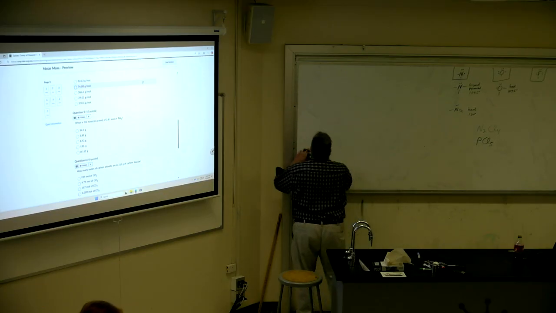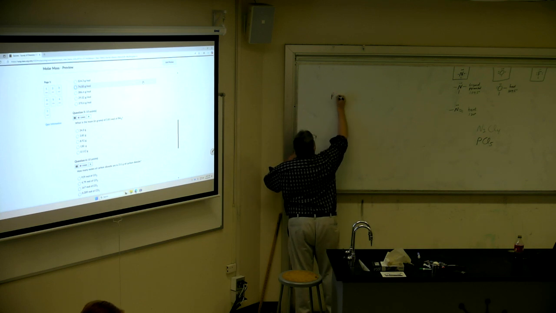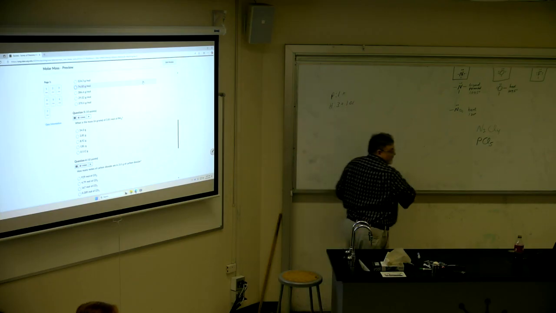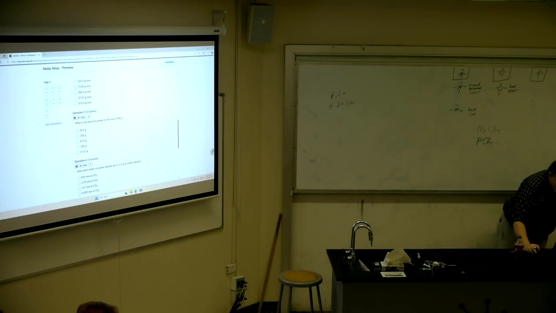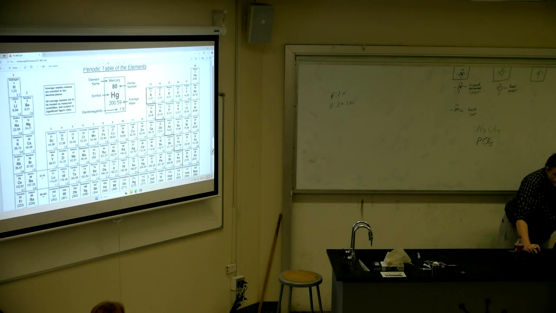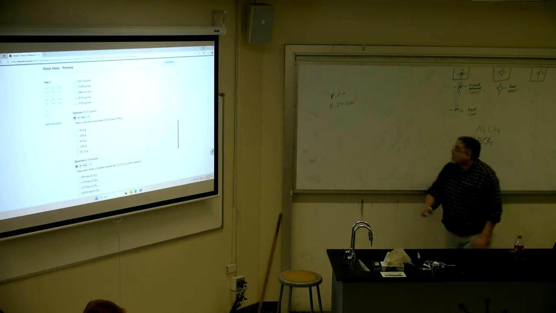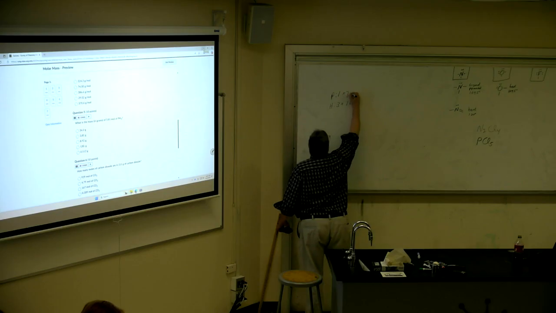That is its molar mass. One P, three H's. Yeah, I remember phosphorus. Some of these have stayed in my head for 20 years and some of them just won't stay. 30.97.